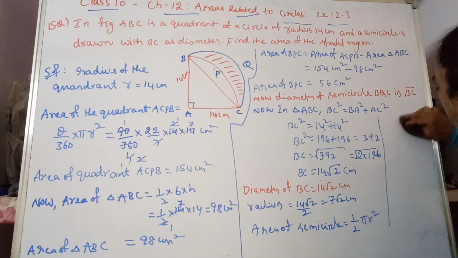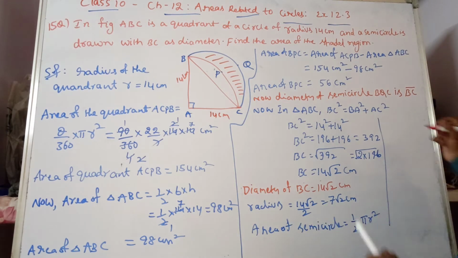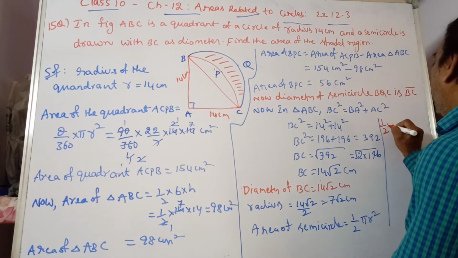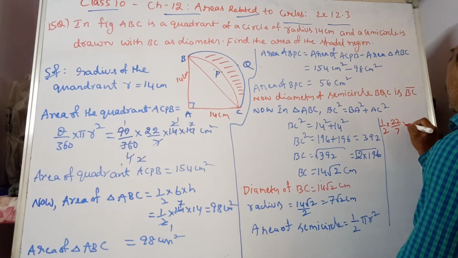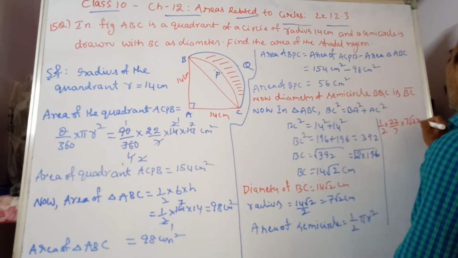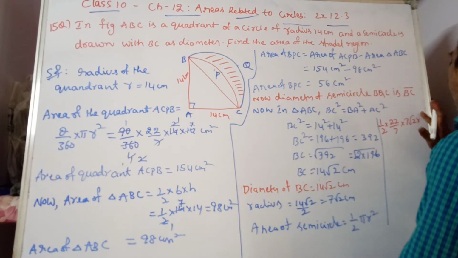Once again, half pi r square: 1 by 2 into 22 by 7 into 7 root 2 into 7 root 2.